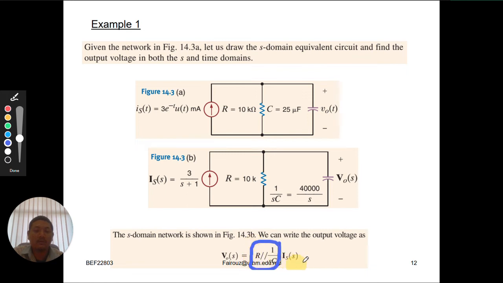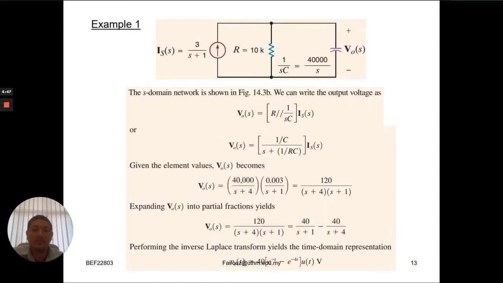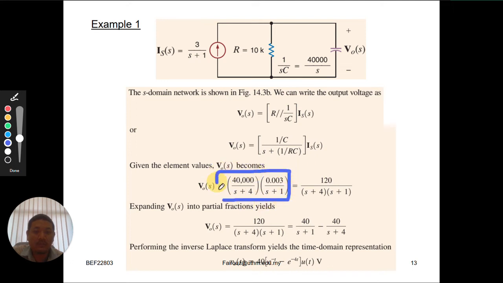Once you perform the calculation of the impedance, then you will arrive at this answer.